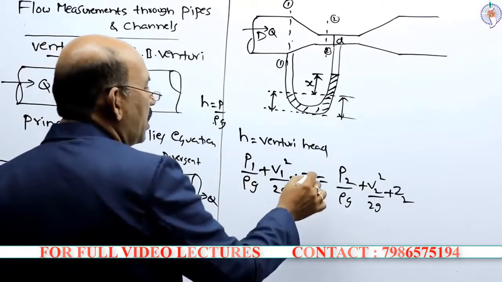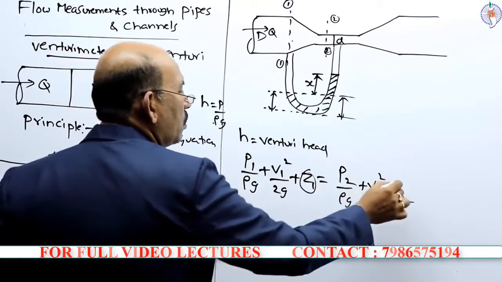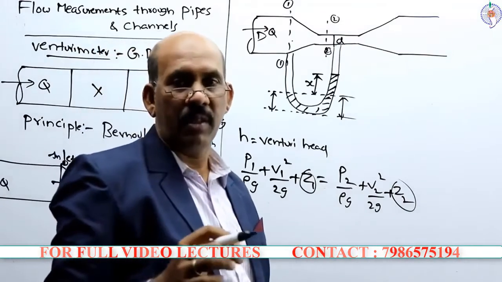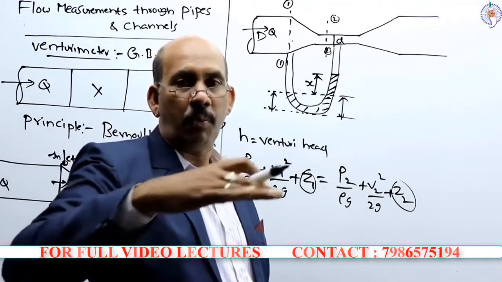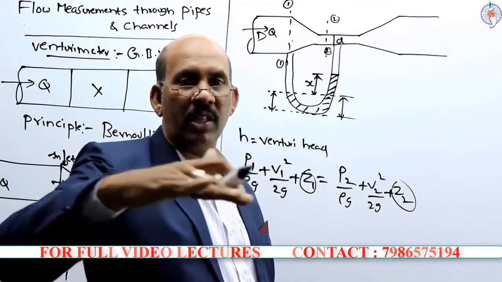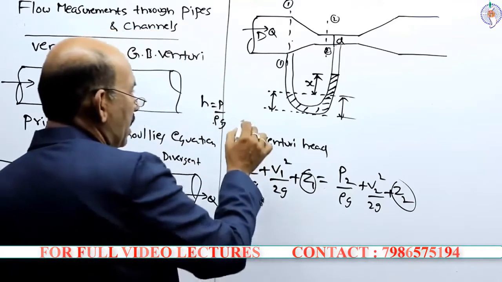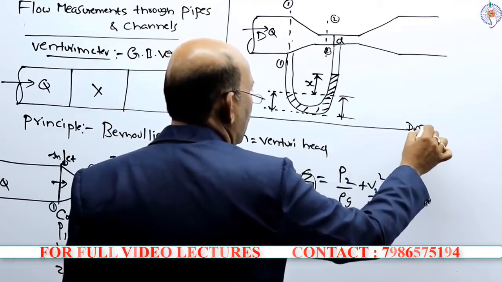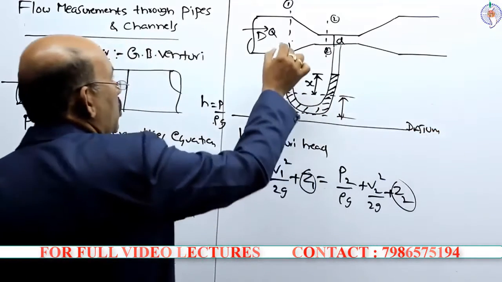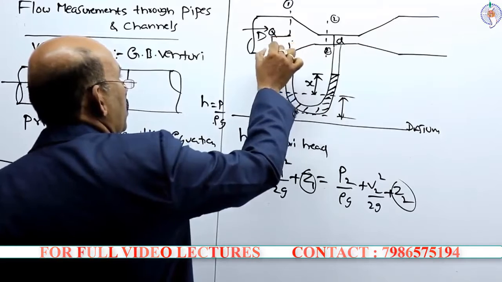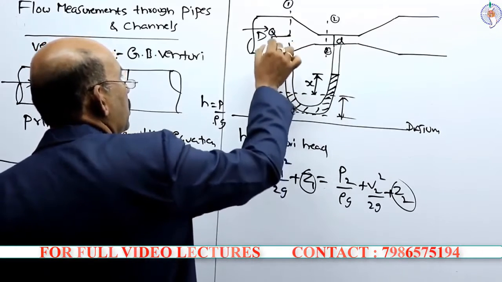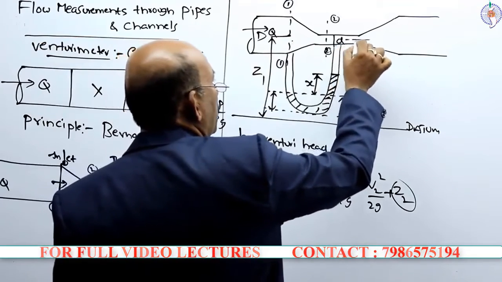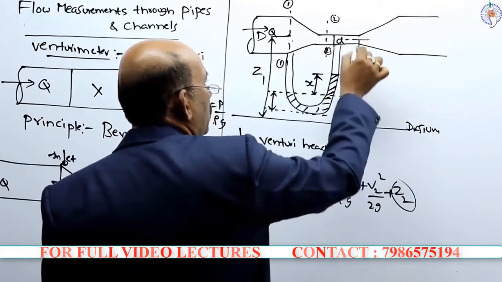Z1 and Z2 are the datum heads, meaning by position, anything with reference to a datum. If I consider this as datum, this point 1 is Z1 and this particular point 2 is Z2.